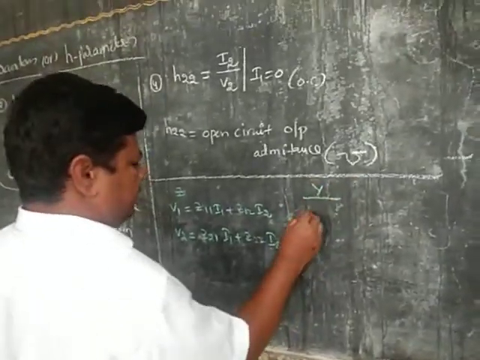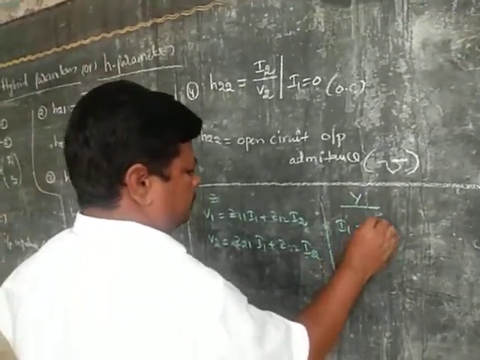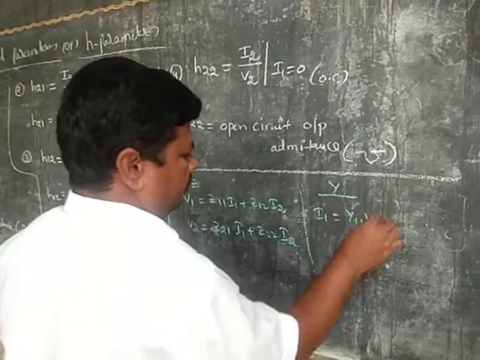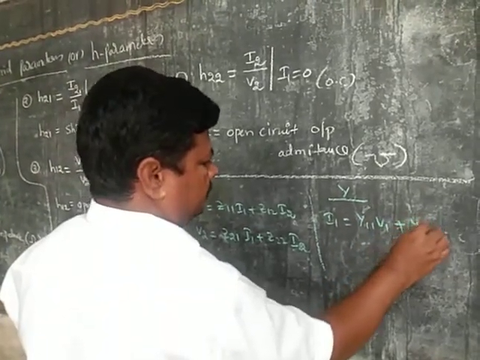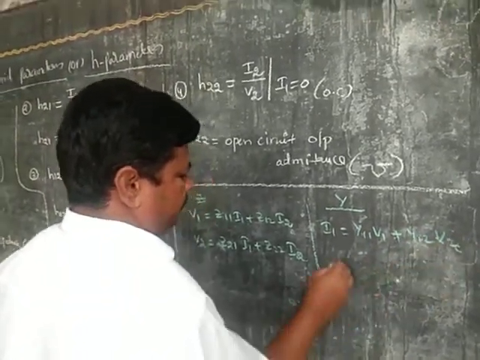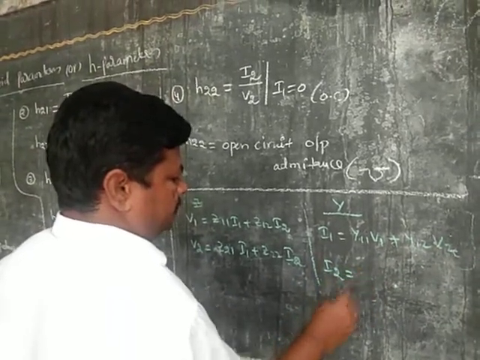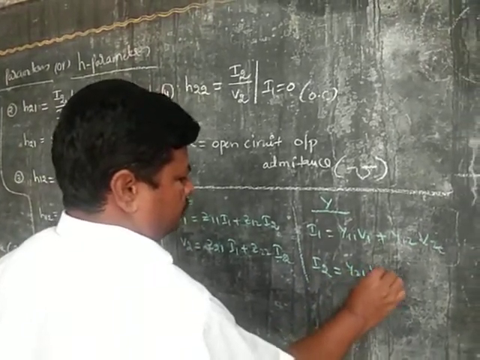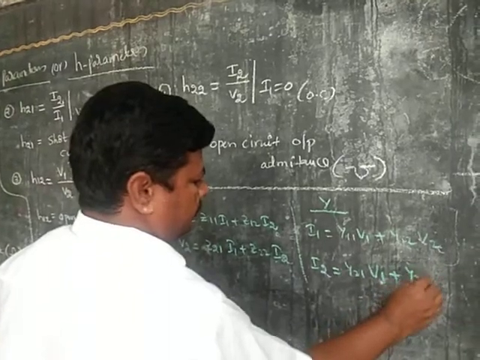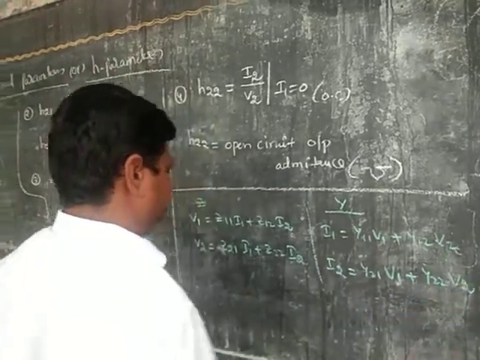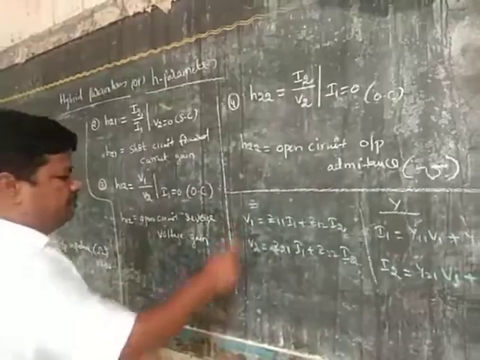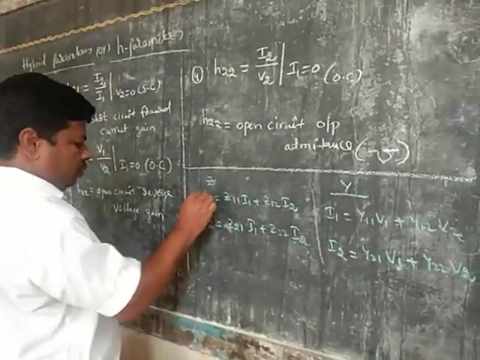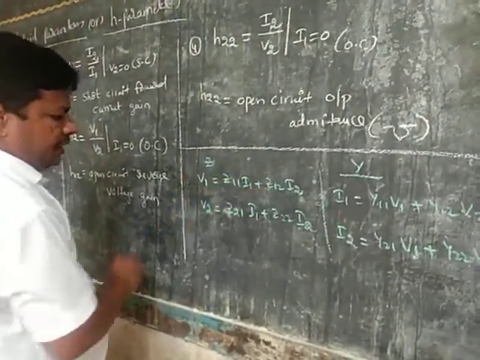Y parameters: I1 is equal to Y11 V1 plus Y12 V2, and I2 is equal to Y21 V1 plus Y22 V2. In Z parameters, voltages are dependent on currents.